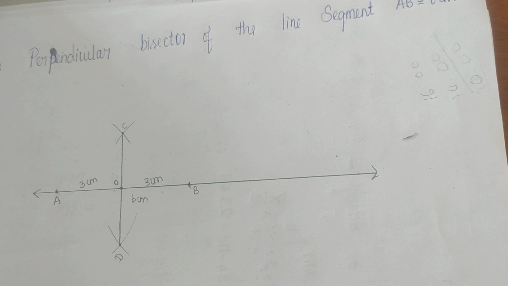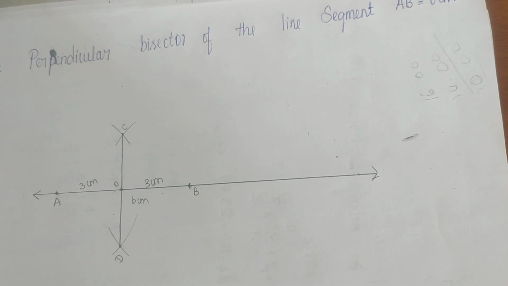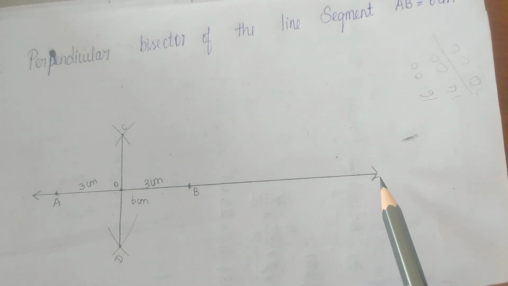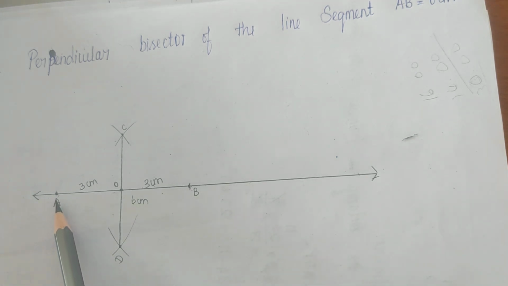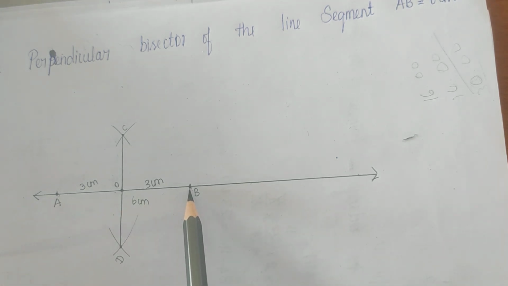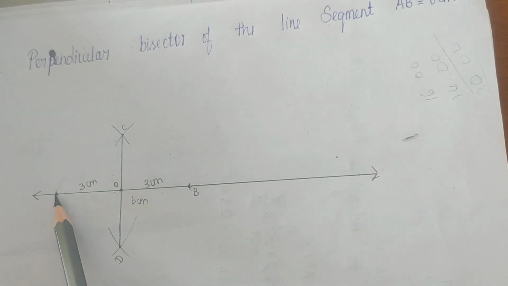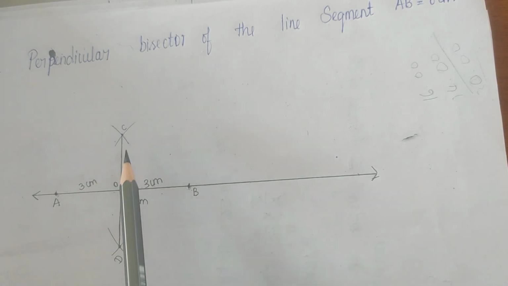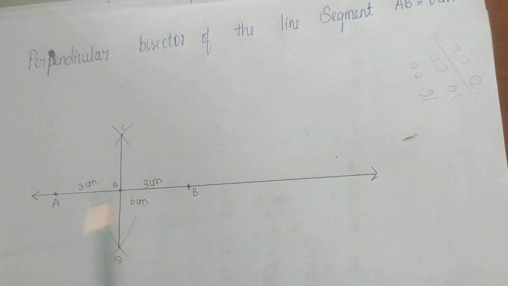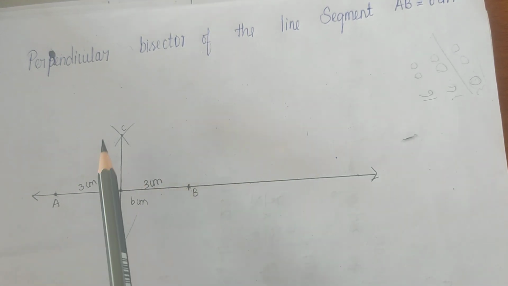Okay students, can you understand how to draw a perpendicular bisector of a line segment? First draw a line, mark AB equal to 6 centimeters using a scale. With A as center and radius more than half, cut above and below AB. With B as center, cut above and below AB. This gives 2 points.